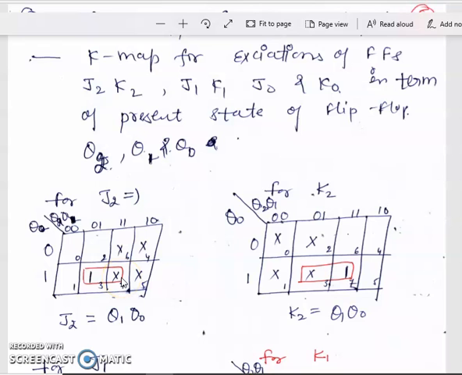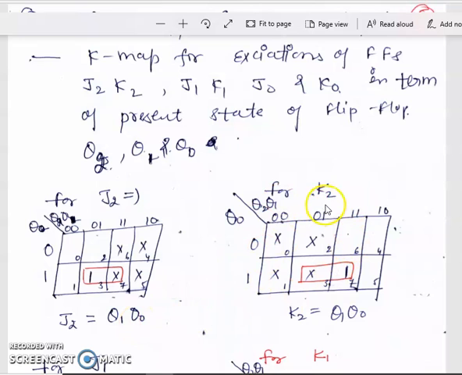After that we know how to write the boolean expression for J2. We have the pair, we have no octet and quad, so we only have the pair. So write for this pair, this is Q0 and here is Q1. So J2 is equivalent to Q1 and Q0.